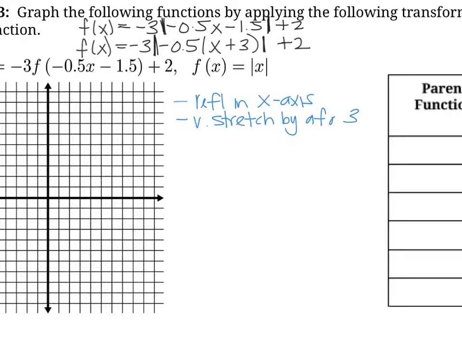Okay, let's look at the next one. Our k value is also negative, so we're going to have a reflection in the y-axis as well. Reflection in the y-axis.